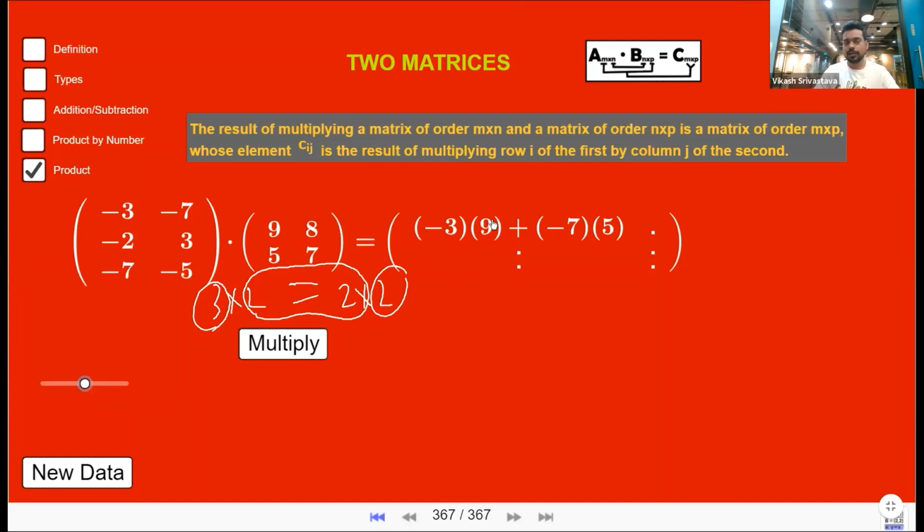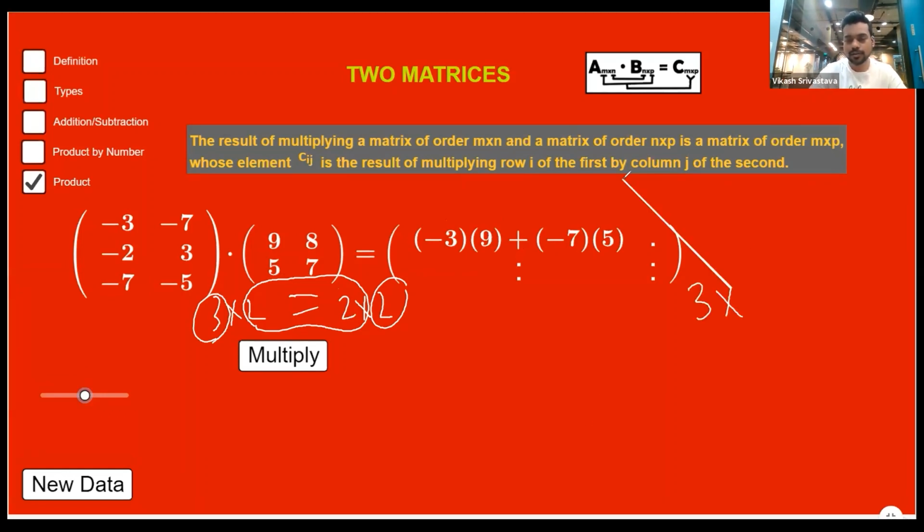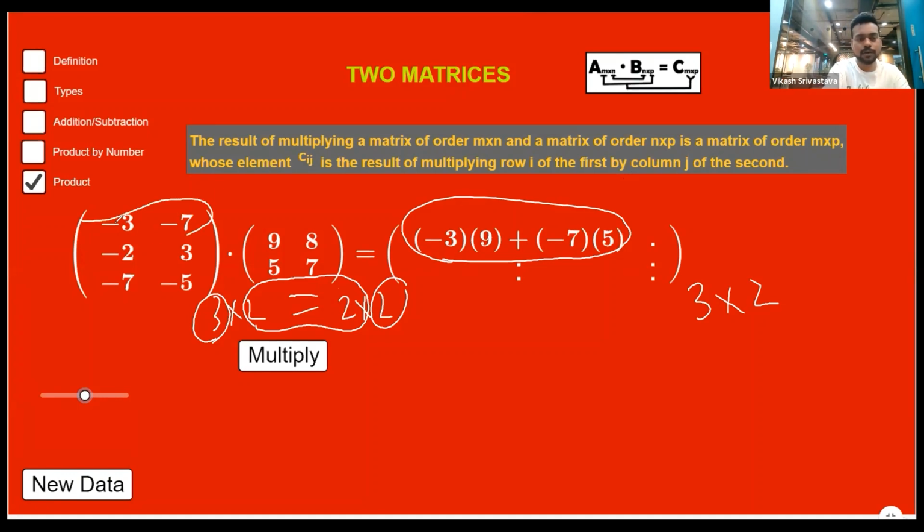My resultant matrix will be of the shape 3 cross 2, and the first element will be calculated by multiplying minus 3 with 9 plus minus 7 into 5. Essentially we're covering one row here, and then multiplying this with the corresponding elements in the first column of the second matrix. This is how we get the first element of our resultant matrix.